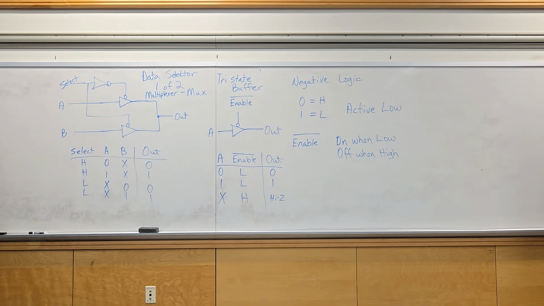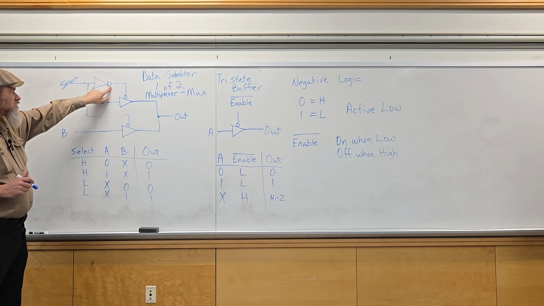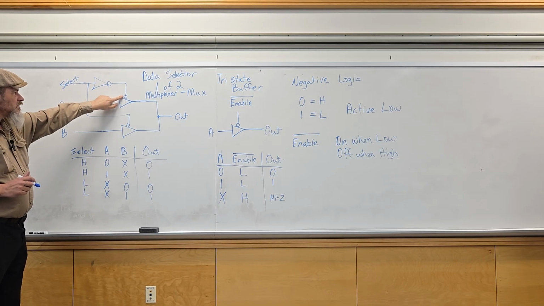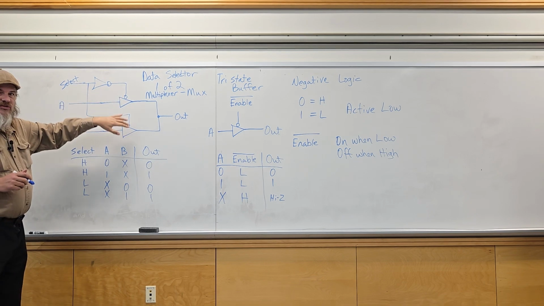And in this situation, you can see where the negative logic comes into play and how to handle it. So here you have a bubble on the output of this inverter and a bubble on the input of the tri-state buffer. They cancel each other out.